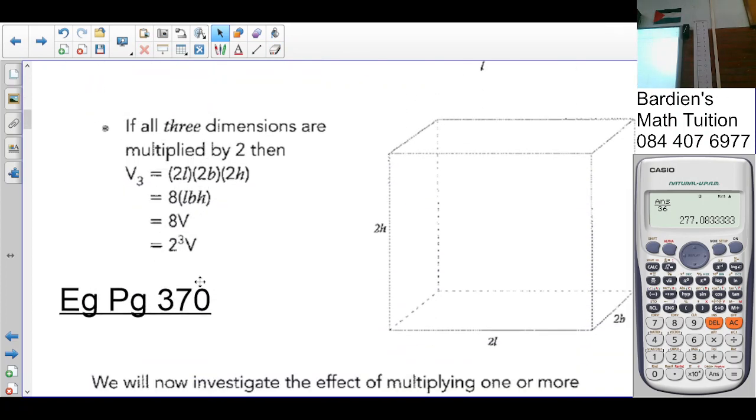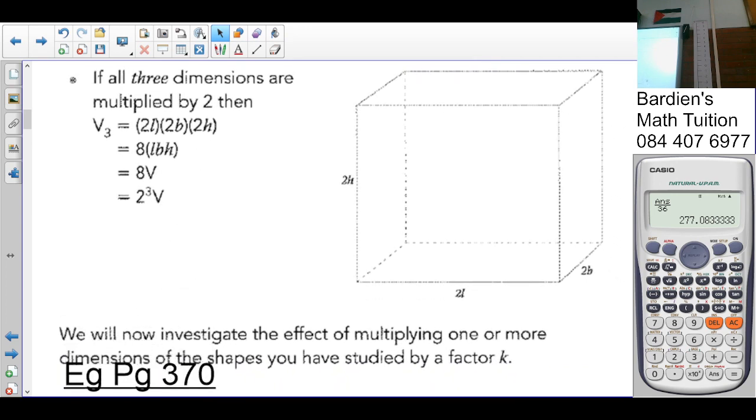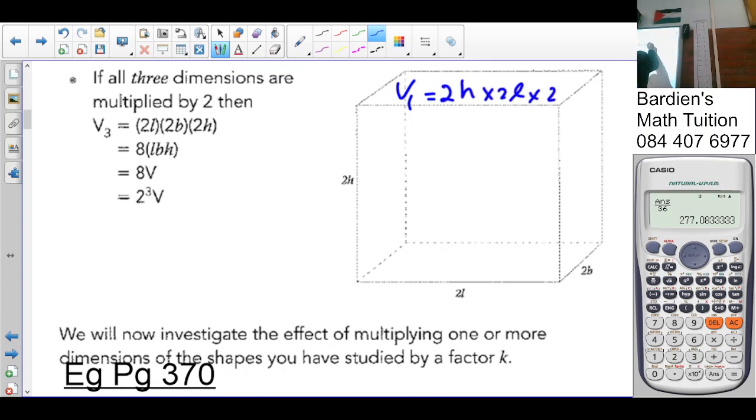So let's see here. If all 3 dimensions are multiplied by 2, so V1 is equal to 2h times 2l times 2b, which is 8hlb, and that is what?